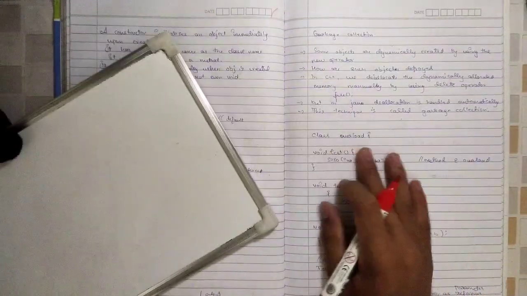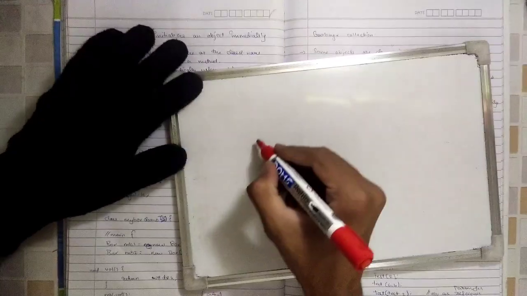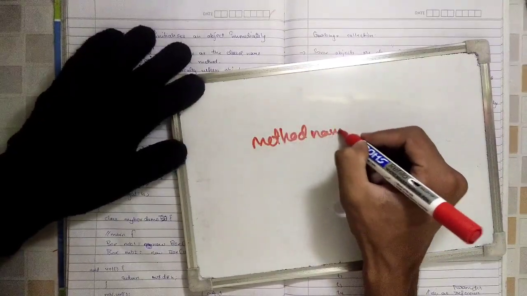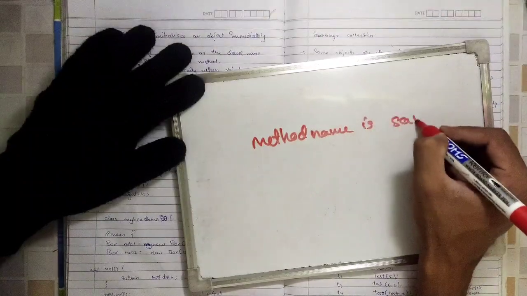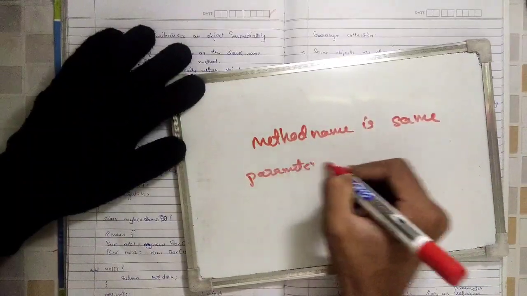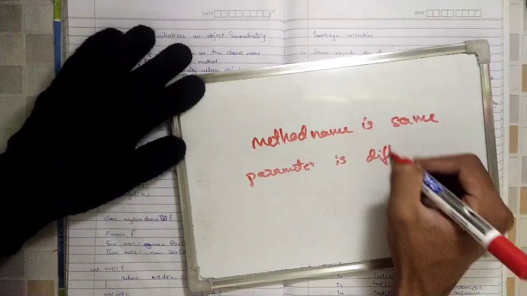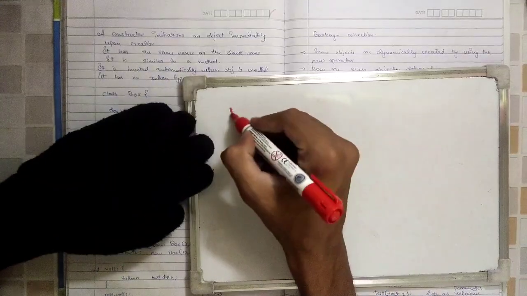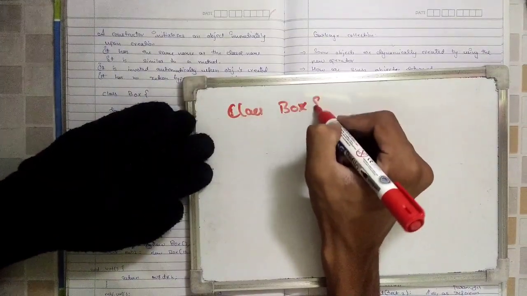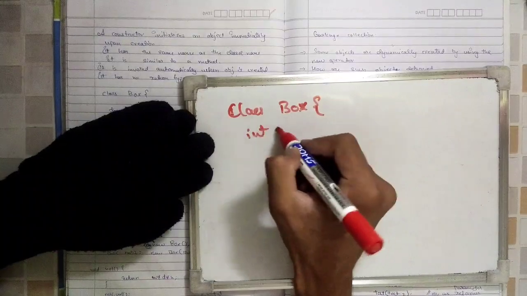Now we'll see method overloading. Method overloading is where the method name is the same, but the parameters are different. Let us see one example for the same thing. Class Box, suppose only int x is there.